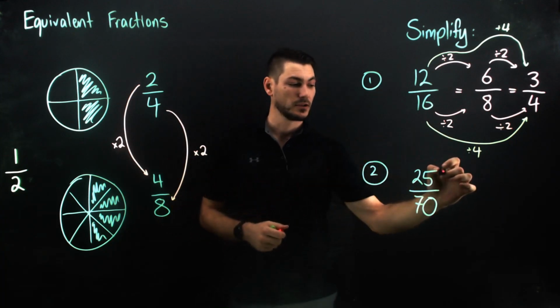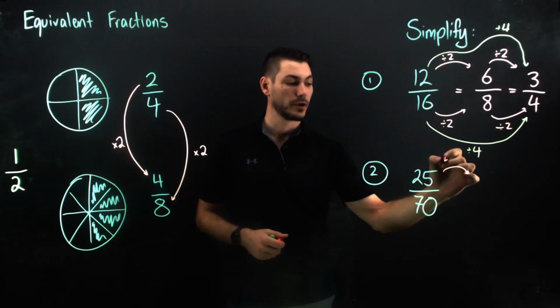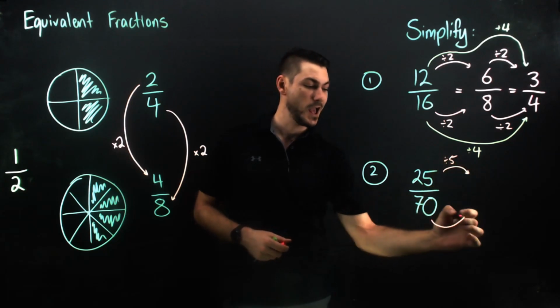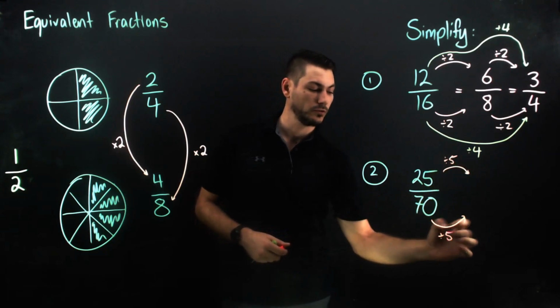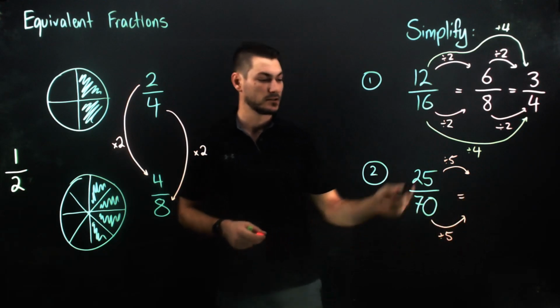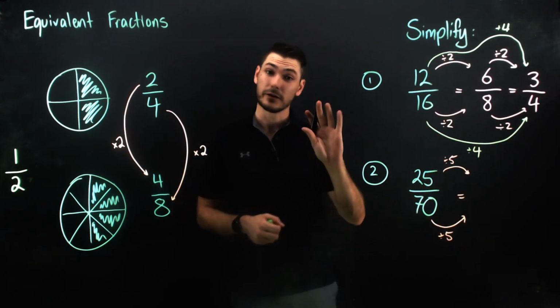Same strategy. I'm going to divide the top, or the numerator, by 5, and the denominator by 5 also. 25 divided by 5 is 5.